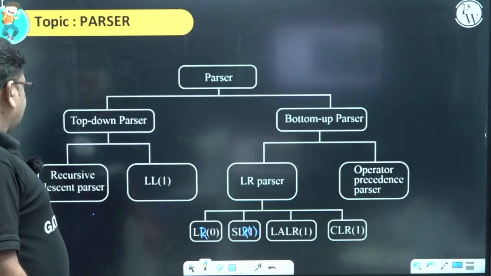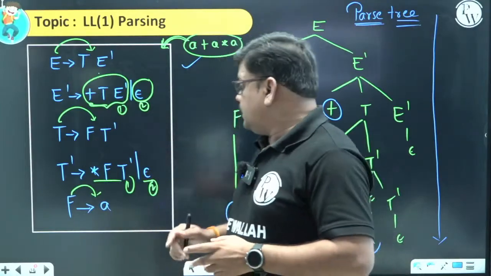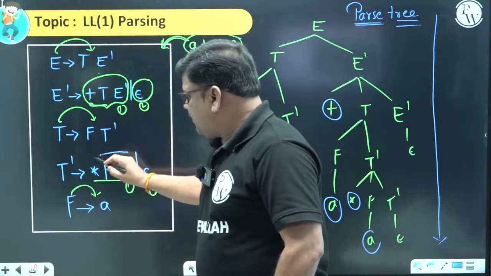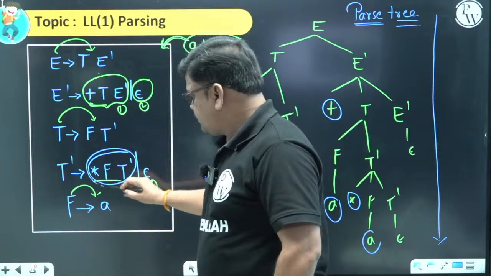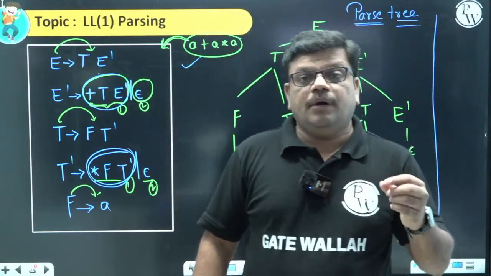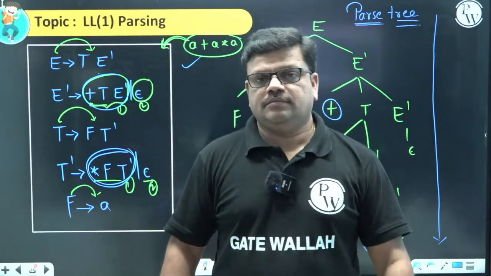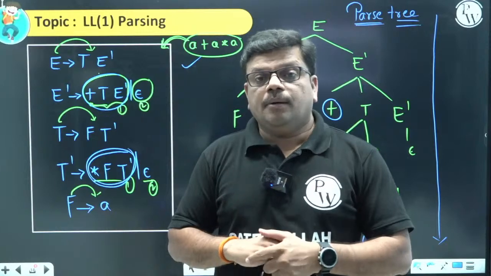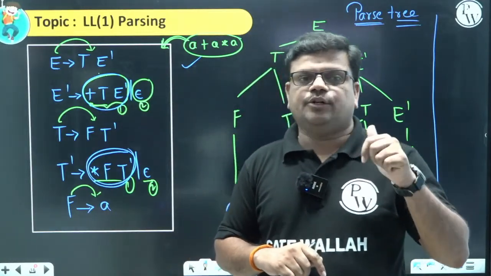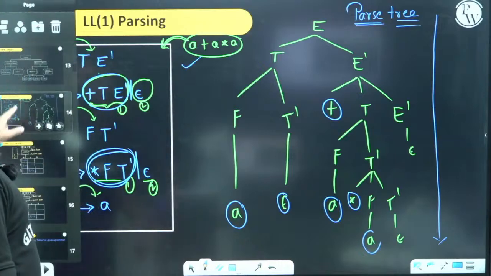If it is a backtracking parser, whenever a non-terminal has multiple productions, we don't have any mechanism to predict the exact correct production. In backtracking, we don't have it. Whereas LL1 is a predictive parser. That's why the LL1 parser is also called a predictive parser.